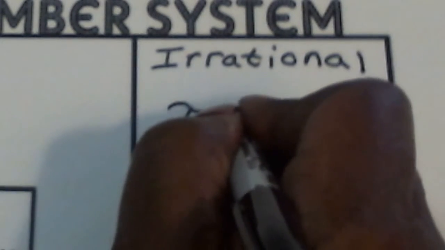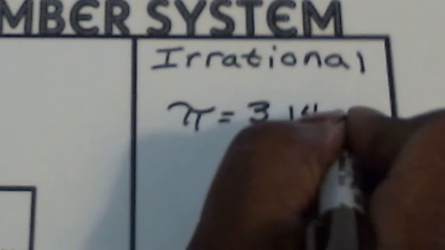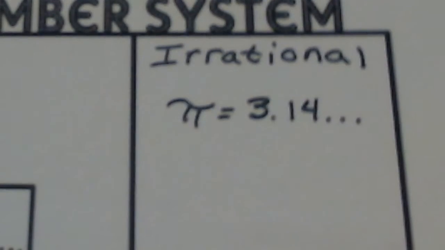They will go on forever, but they do not repeat. They also can be both positive and negative. Some examples are pi, everyone knows that number, 3.14, and it goes on indefinitely.